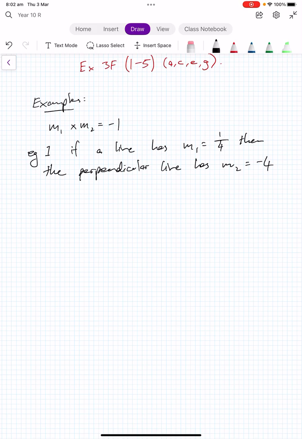It's a negative reciprocal. You flip over the quarter and make it the other sign. It's positive, so therefore now the perpendicular gradient will be negative. So let's try a question or two.